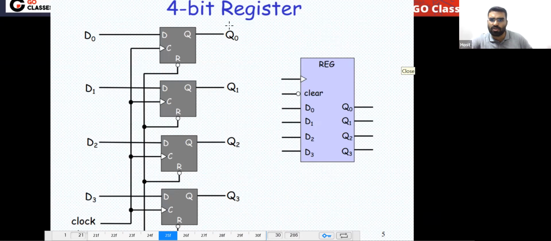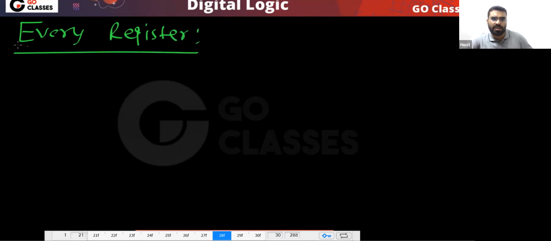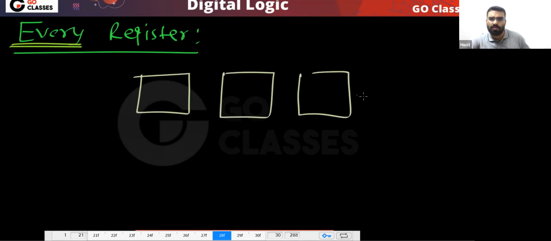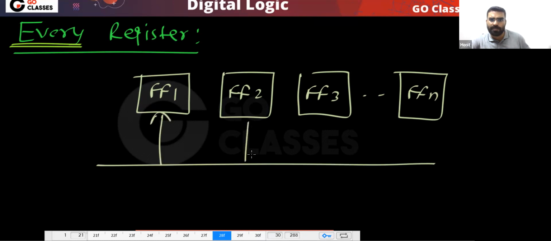No, every register is synchronous. In every register, whatever register you take, remember, every flip-flop is operated by the same clock.